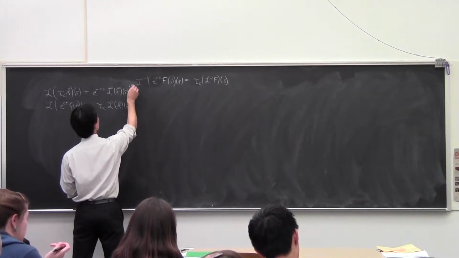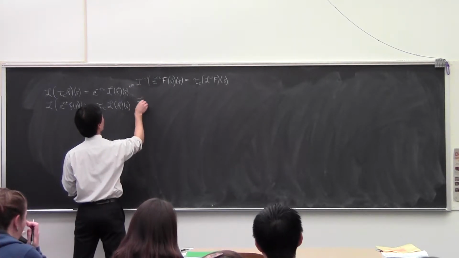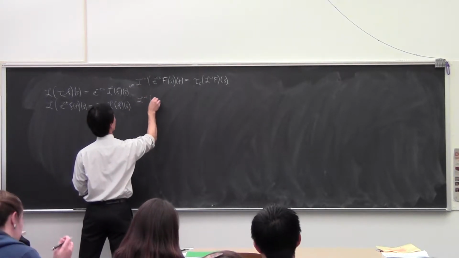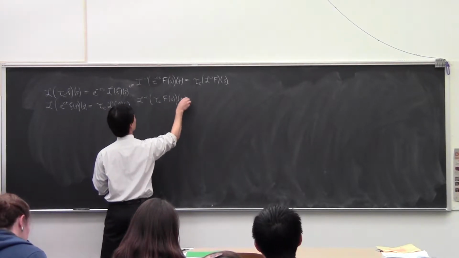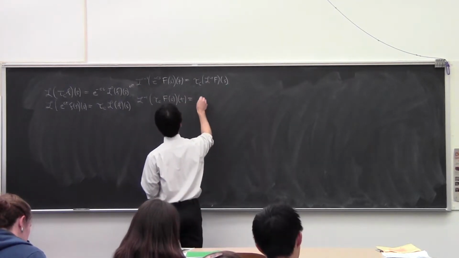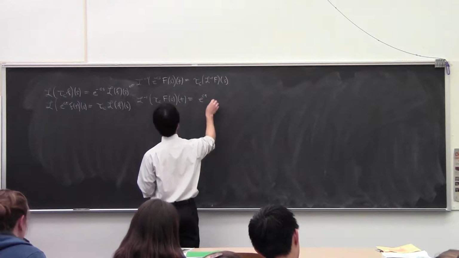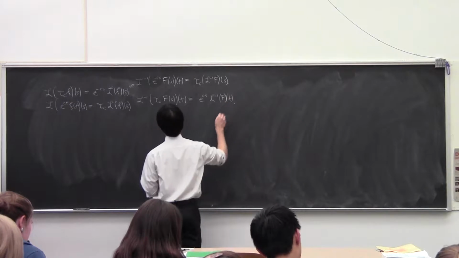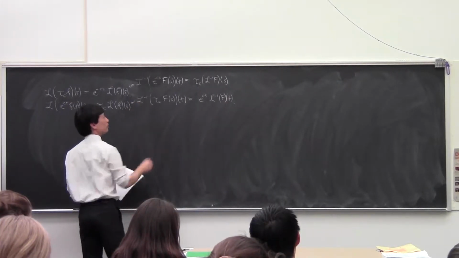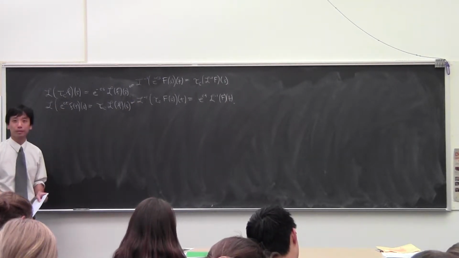That's the same statement, I hope. And the inverse Laplace transform of a translate of some function is going to be e to the ct times the inverse Laplace transform of that function. These are just the same thing twice.